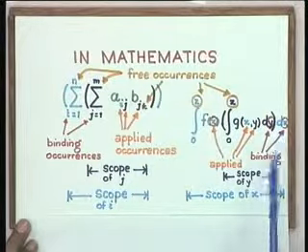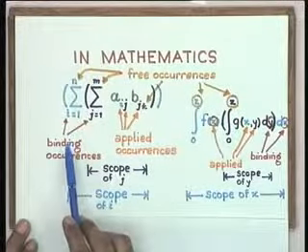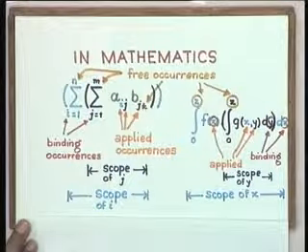So this is an example of when the binding occurrence occurs after the applied occurrence. If you look upon this as a string, or even as a tree, then the binding occurrence occurs as a node of some right subtree, whereas here the binding occurrence precedes the applied occurrence because it occurs as a node of a left subtree.